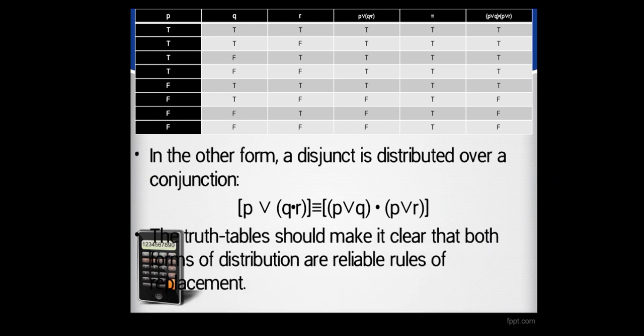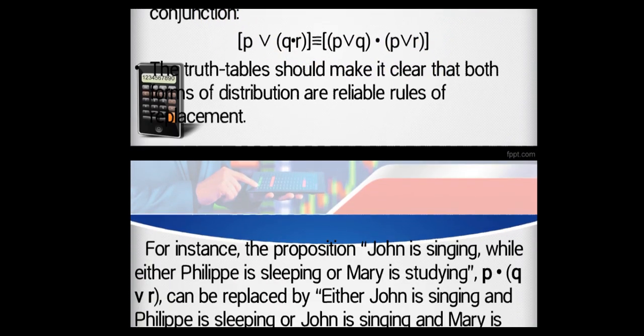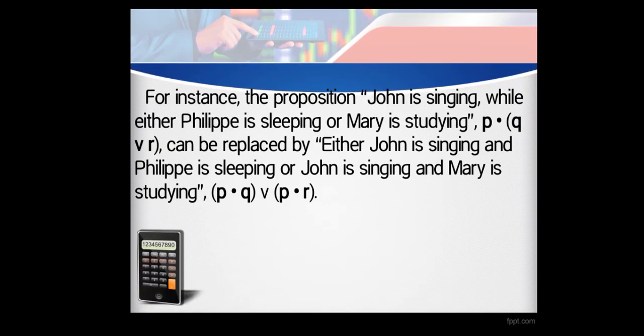The truth table should make it clear that both forms of distribution are reliable rules of replacement. For instance, take the proposition: John is singing while either Philip is sleeping or Mary is studying.